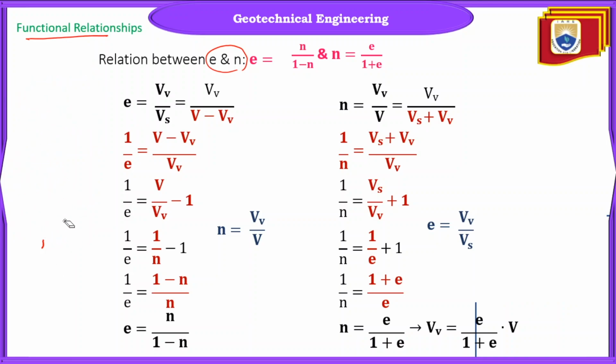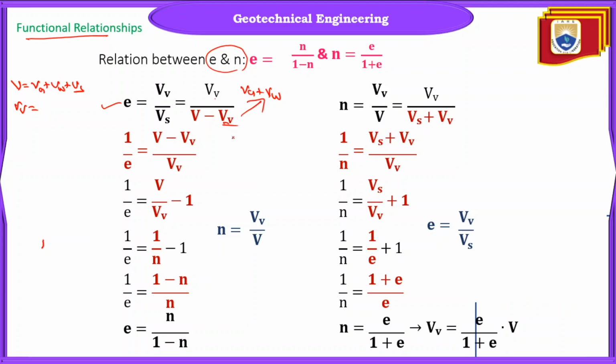The basic formula of e is volume of voids to volume of soils. We know that volume of voids we can write as volume of air plus volume of water, and total volume is nothing but volume of air plus volume of water plus volume of soil.